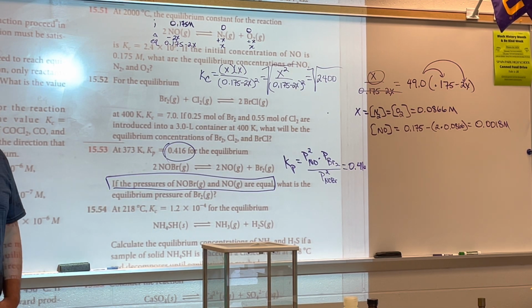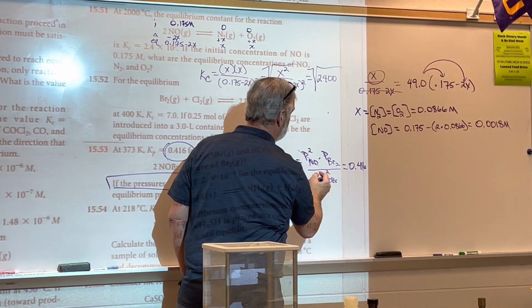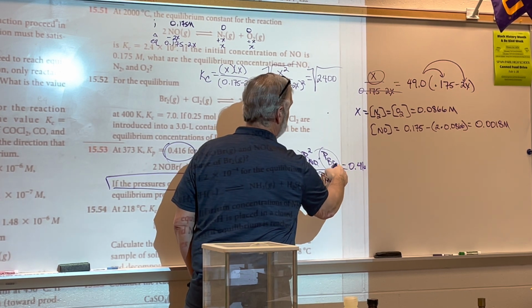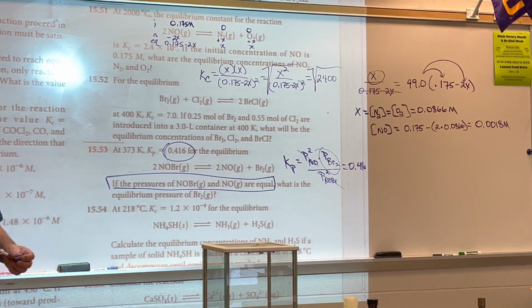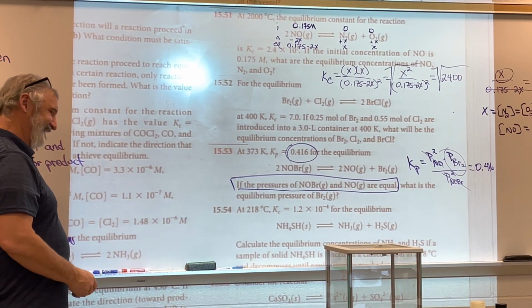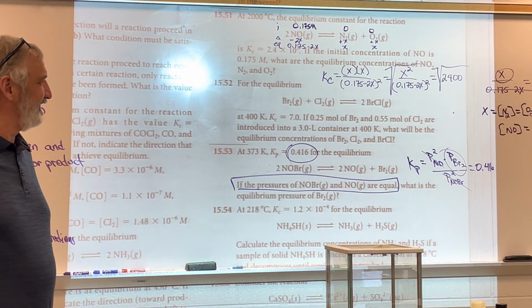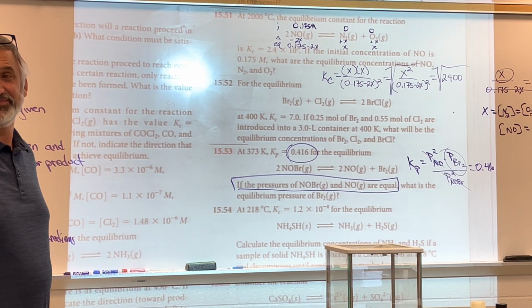These two are equal, so they're gonna cancel out. So the pressure of the Br2 is just 0.416. I was right. Yeah, but you didn't know why. Oh, that's nice. Or you could put, since it's equal, x squared times x over x squared. Well, that's exactly right. Yeah. That's nice.